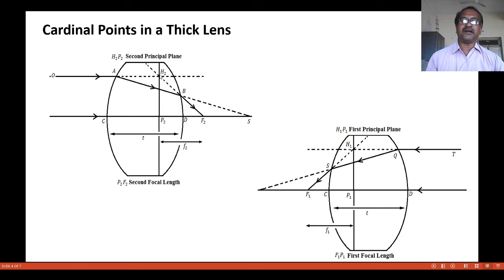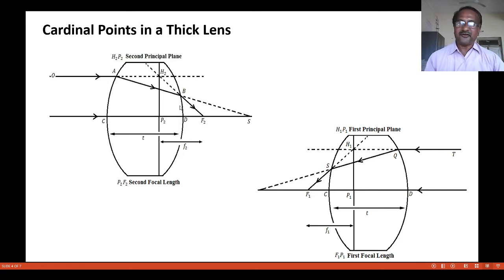These two meet at a point H2, and the line joining this point H2 and the point on the principal axis, perpendicular to the principal axis, is called the second principal plane, and the point on the principal axis is called the second principal point.